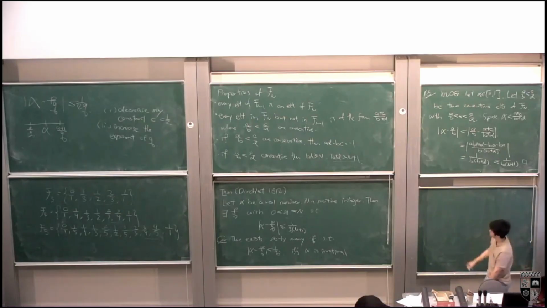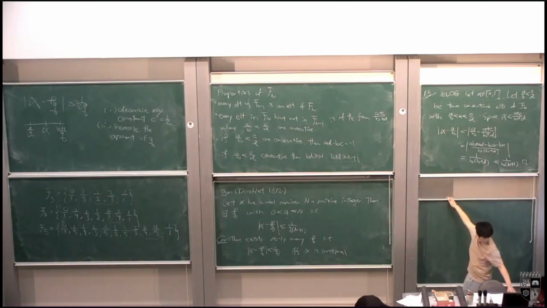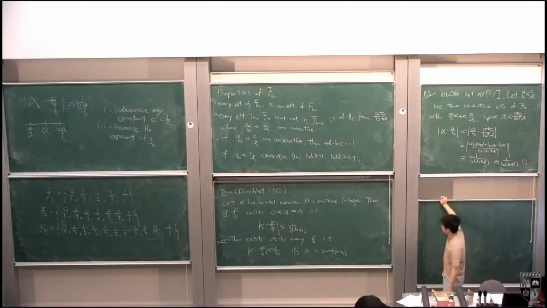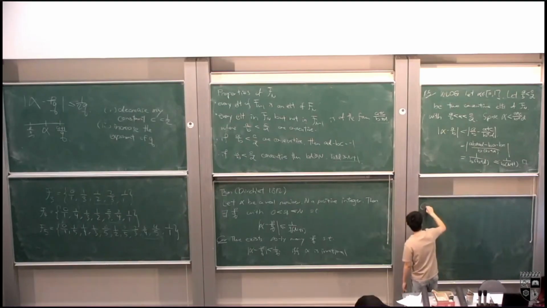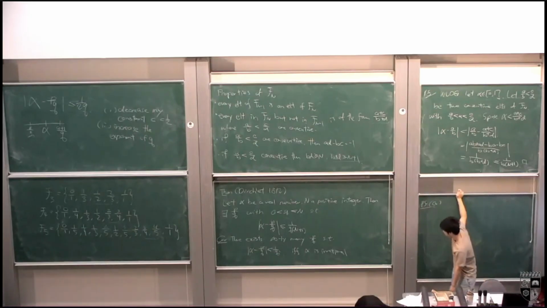Okay, so now for the corollary, again, we're going to use the Farey fractions. Proof of corollary: we will prove that if alpha is irrational, then there exist infinitely many fractions that satisfy that bound.